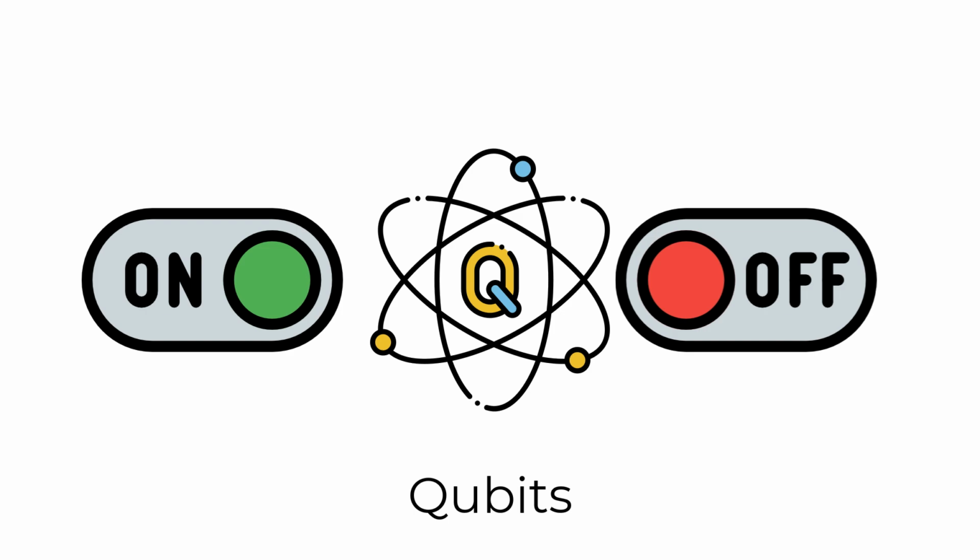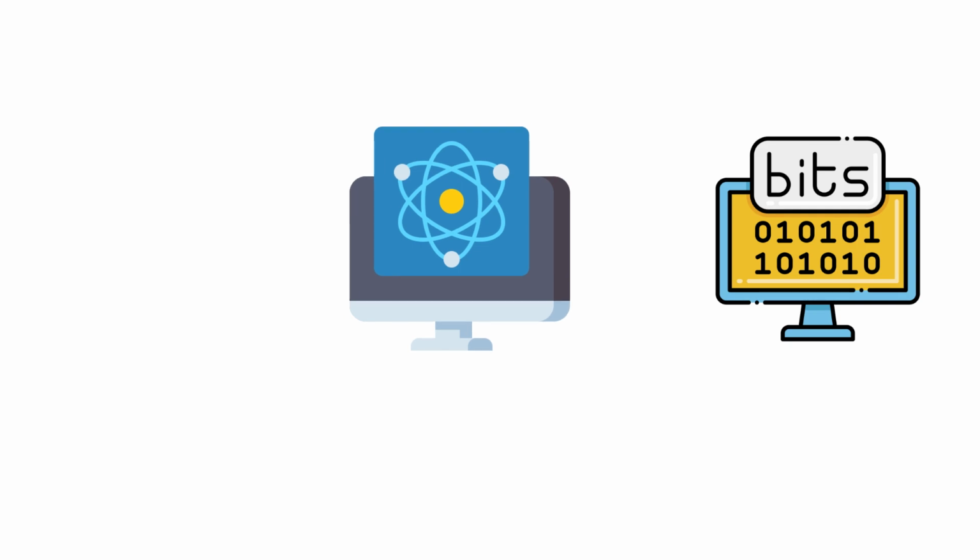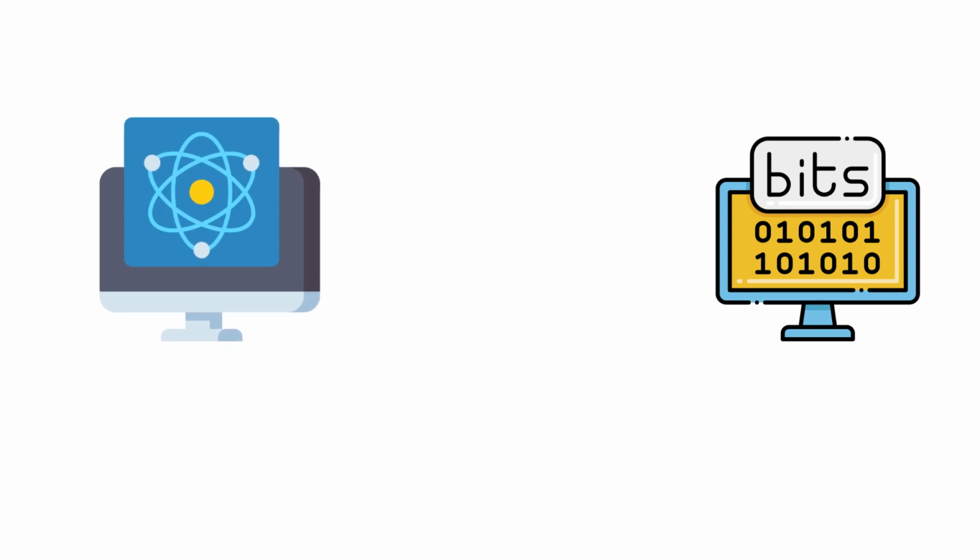Now let's try to understand qubits in simple terms. The basic unit of information in a classical computer is either 0 or 1, as we explored in the example of the light. But in quantum computing, the basic unit of information is known as a qubit.